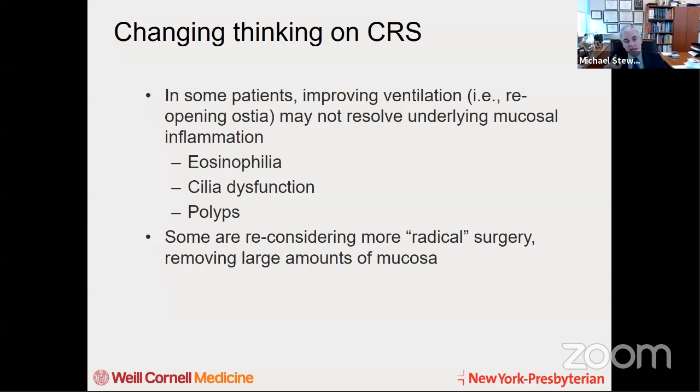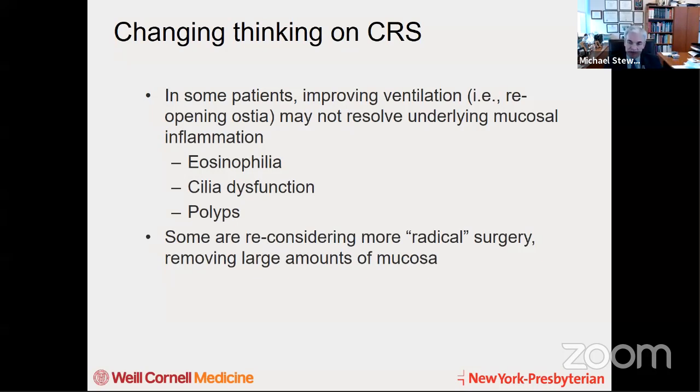Now, the problem is chronic rhinosinusitis is not one single disease. It may present in a similar way, but there's multiple different pathways which lead to this presentation. So just because some patients actually ultimately benefit from a Draf 3 does not mean every patient needs a Draf 3 at their initial surgery.